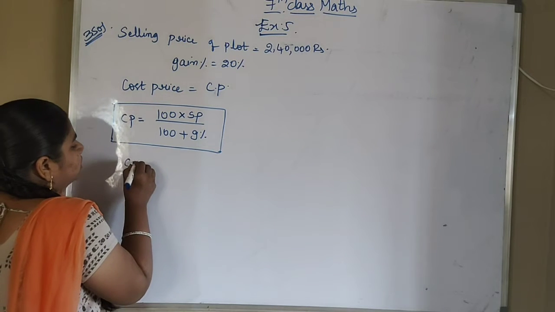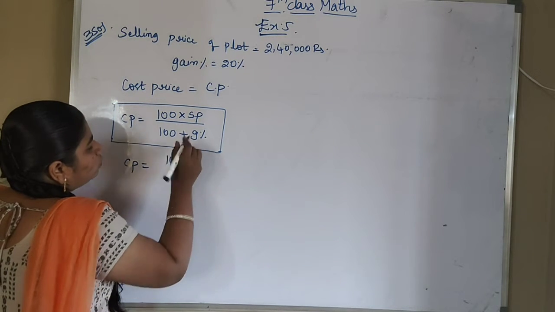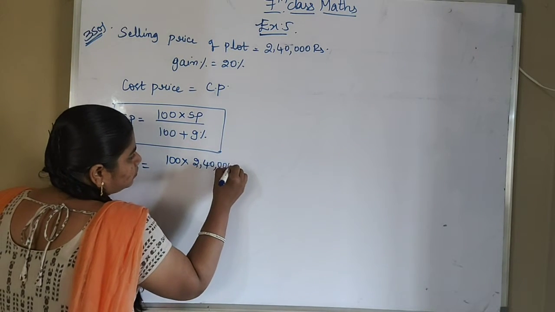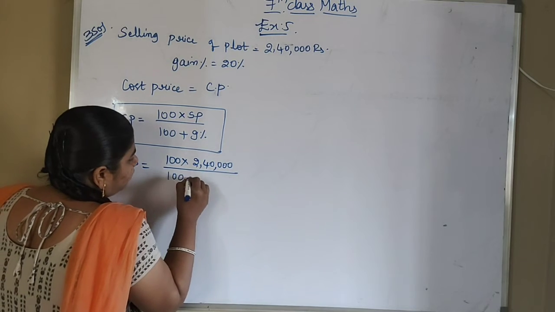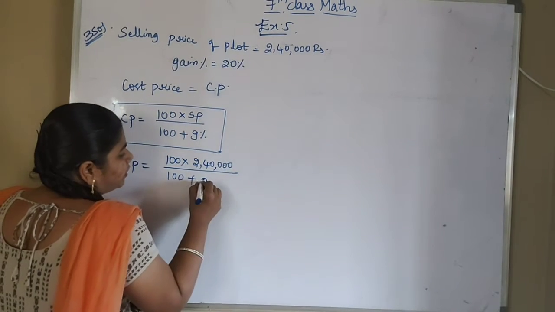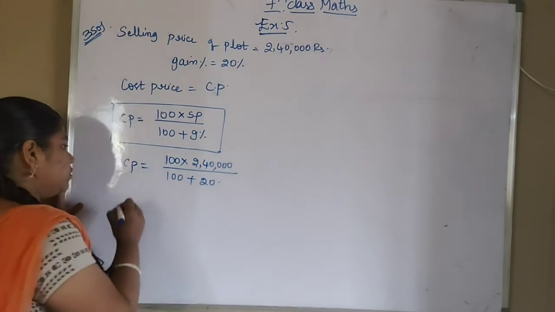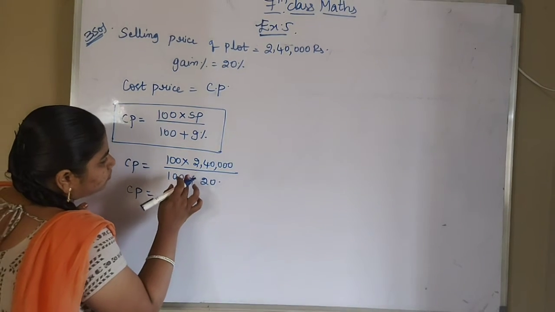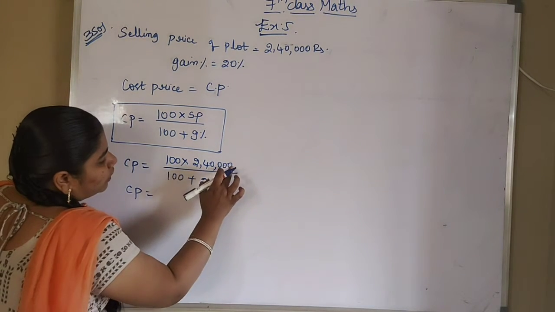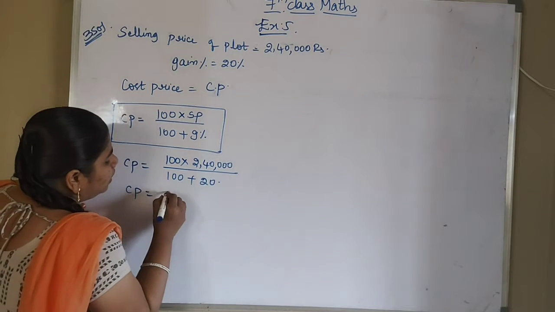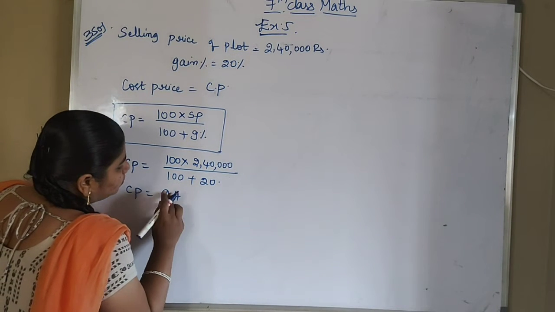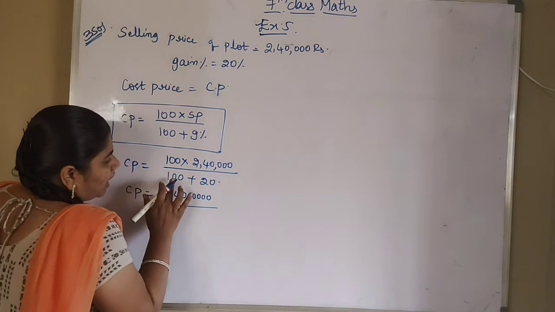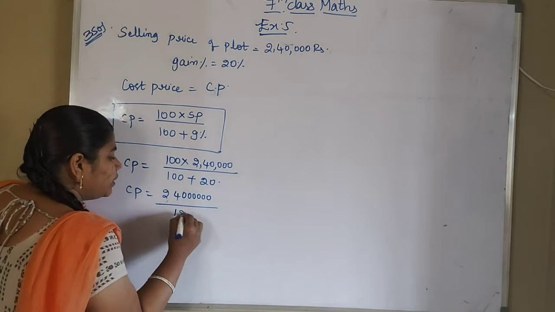By using this formula, we can solve this problem. So CP is equal to 100 into SP, that is 2,40,000, by 100 plus the gain percentage, 20. If you multiply these two, two zeros will be added, that is 2,40,00000 by 100 plus 20, which is 120.